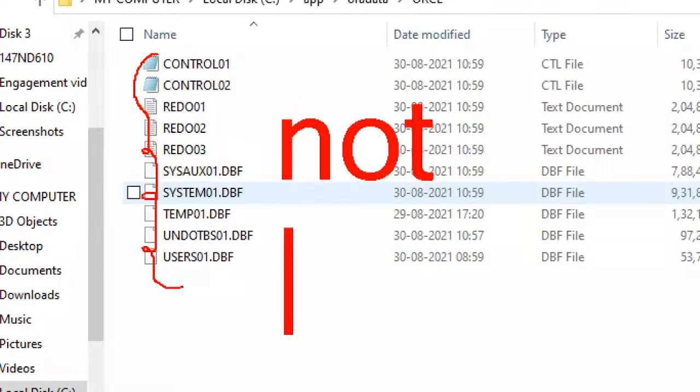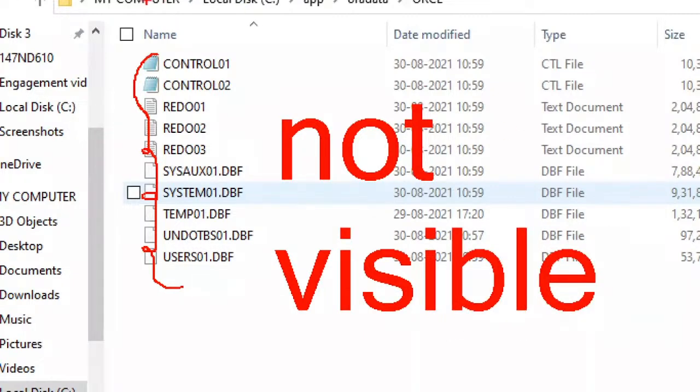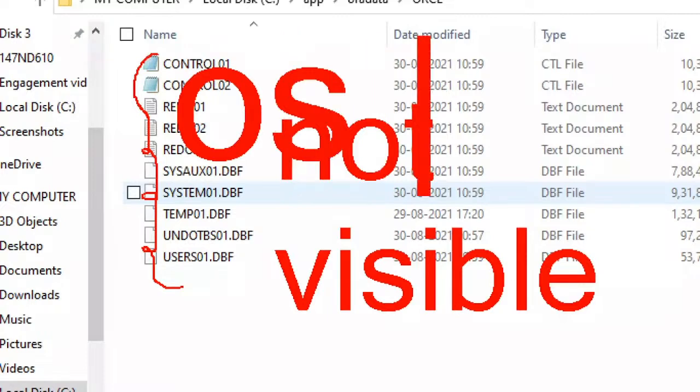This is not visible. That's why a structure which is not visible in the operating system, OS, is called a logical structure. Very, very important. Tables are not visible in the C drive, D drive like that. Views are not visible in the C drive, D drive, E drive like this. Indexes, functions, procedures, not visible. That is visible in a database, okay, I agree.